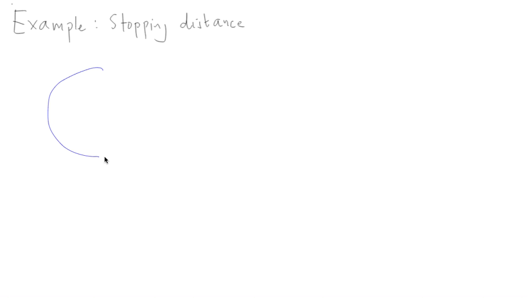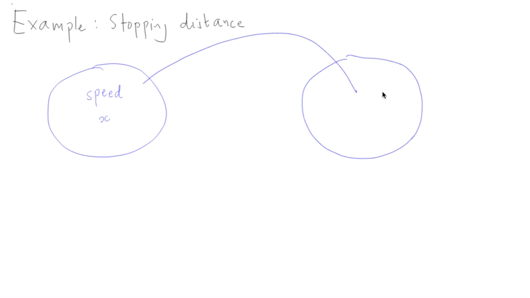Well, we can think of the function like a rule which maps. Here we have the speed, which we are going to define as x, which will be mapped onto the stopping distances, which we'll call y. And the rule that's going to convert speed to stopping distance is what we call the function f of x.